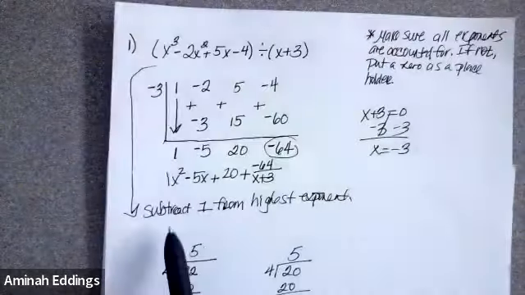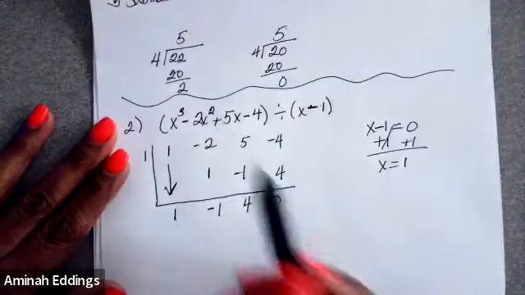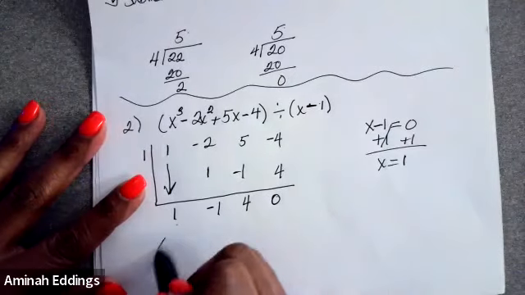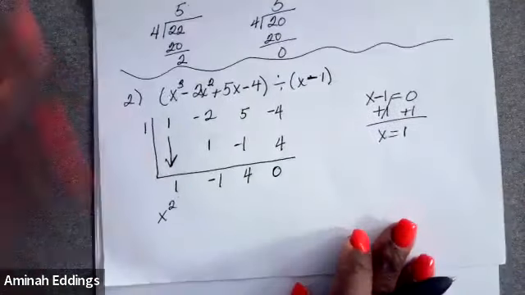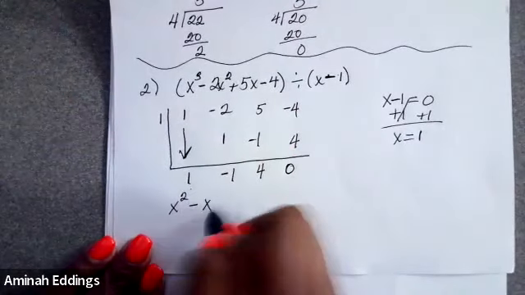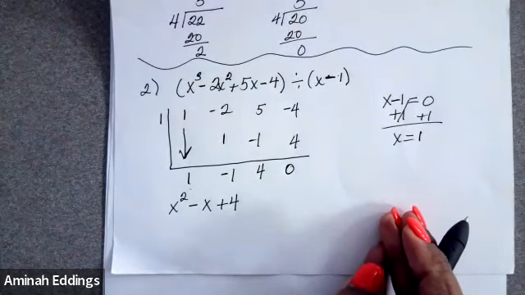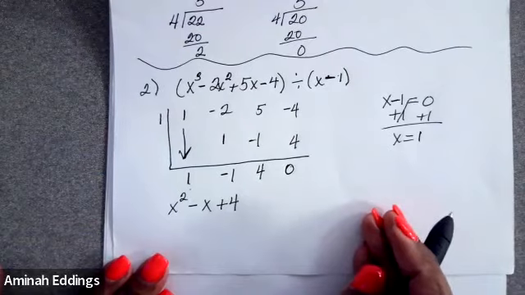So we subtract 1 from the highest exponent. Okay. Good. So it'll be x squared minus x, good, plus 4. What's our remainder this time? 0. Very good.